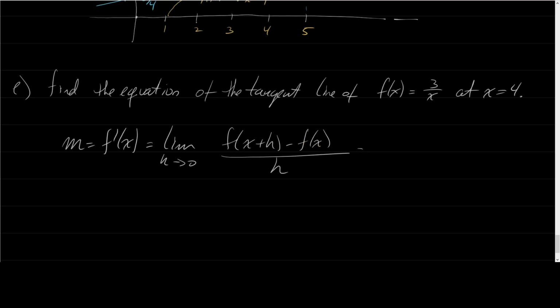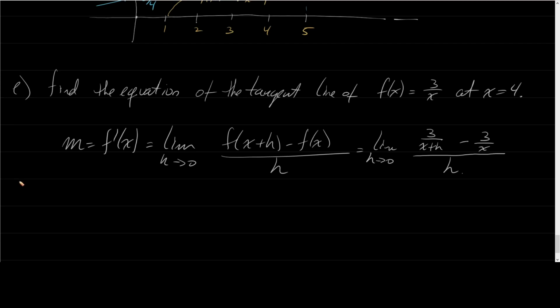In this case, that means the limit as h goes to 0 of 3 over x plus h minus 3 over x, all of this over h. I personally don't like writing fractions on top of fractions like that, so I'm going to rewrite that.